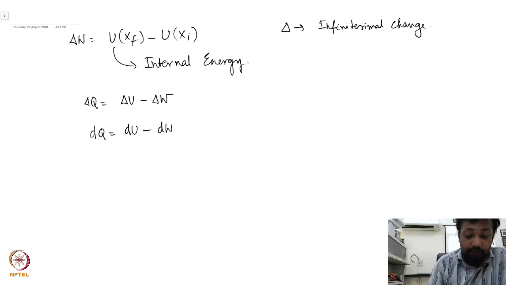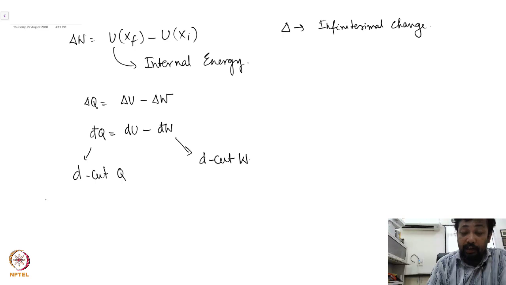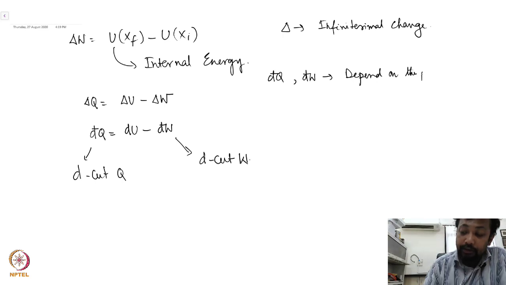I can write this in this particular form, but I have to be careful that I put a cut on the two derivatives of Q and W. So this is d cut Q and this is d cut W. The reason I have written it this way is because d cut Q and d cut W will depend on the path that is taken.